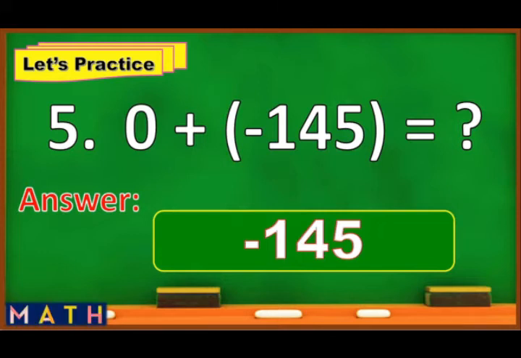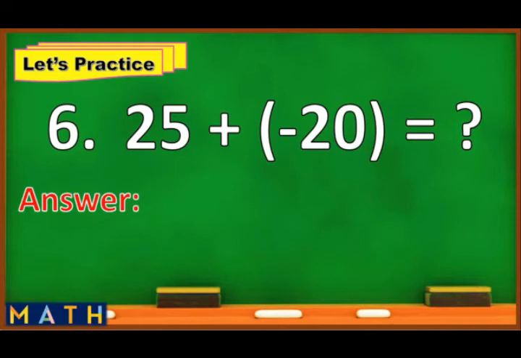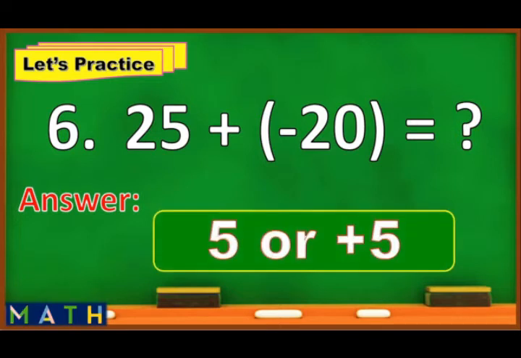For item number 6, positive 25 plus negative 20, the answer is positive 5. Rule number 2 states that when adding integers with unlike signs, subtract the lesser number from the greater number and use the sign of the integer with the greater value in the sum.